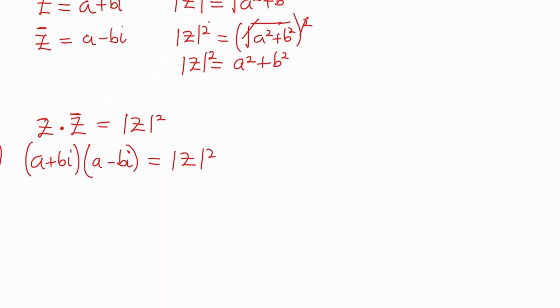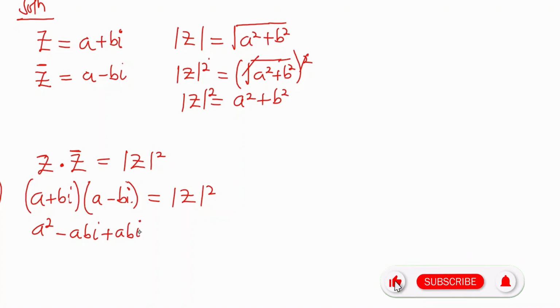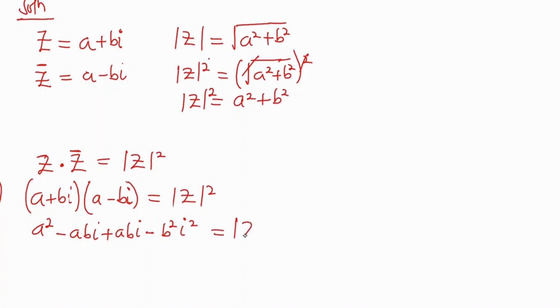So a multiplies a, we have a squared, and a multiplies minus bi, we have minus abi, and a multiplies plus bi, we have plus abi. Now bi multiplies minus bi, then we are going to get minus b squared i squared, which is equal to the magnitude of z squared.